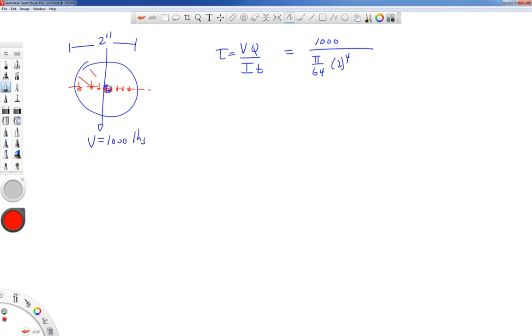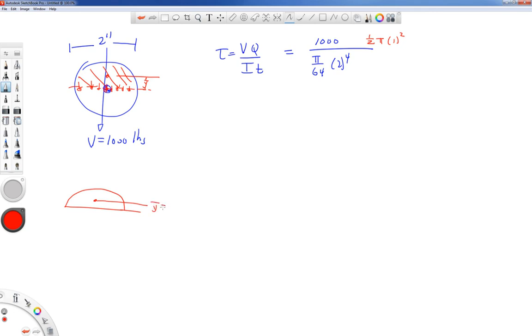In that case, we would shade in from our point of interest, that line, up to the top of the cross section. And the area we have now is the area of a semicircle. The area of a semicircle is 1/2 pi r squared. And now we need the distance y bar, which is the distance from the centroid of the cross section to the centroid of that semicircle. I don't expect anybody to know this off the top of their head, and I will give you this formula on a test if we need it.